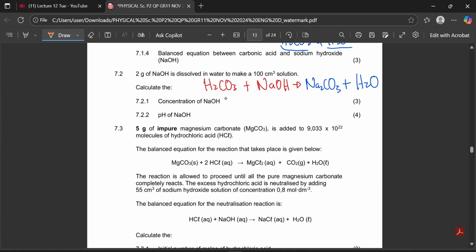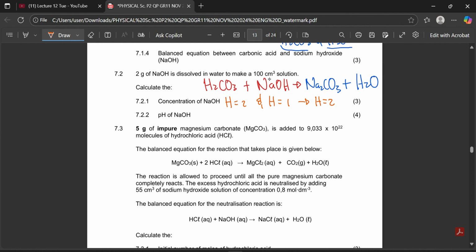So my hydrogens here would be 2, and here my hydrogens would be 1, right? And on this side, I have my hydrogens being equal to 2. Then my carbons are fine. I have 1 carbon here, 1 carbon there. I have 3 oxygens plus 1 that gives me 4 oxygens, and 3 oxygens plus 1 that gives me 4 oxygens, so that's fine.